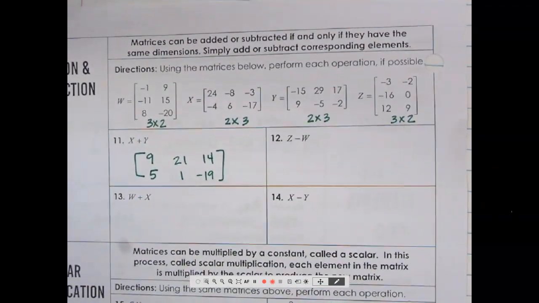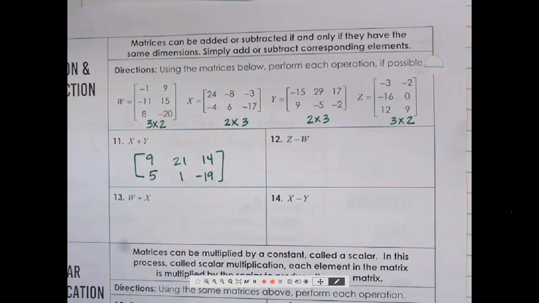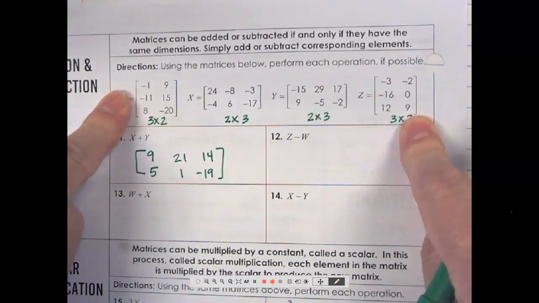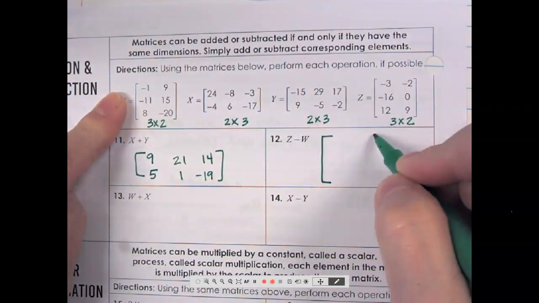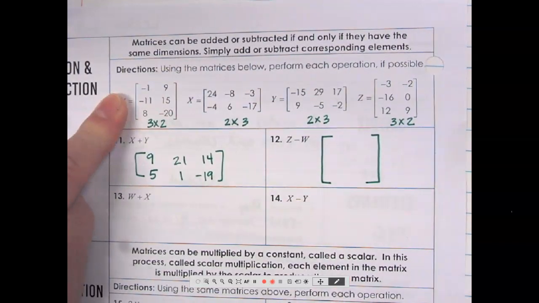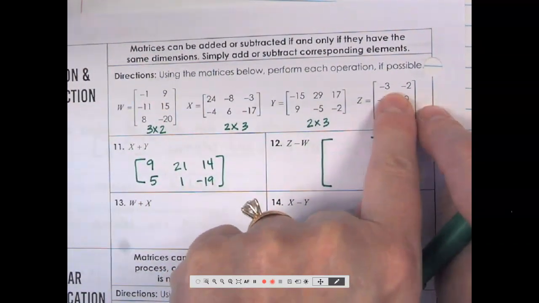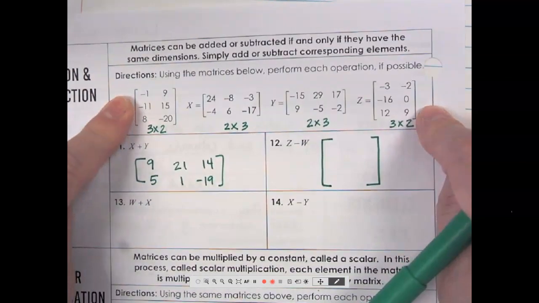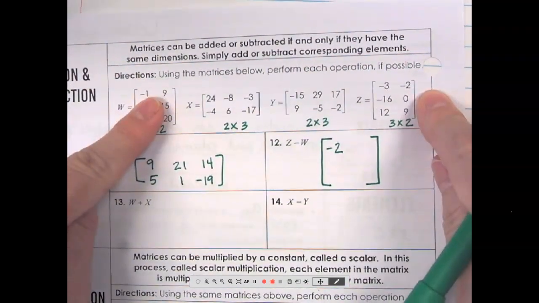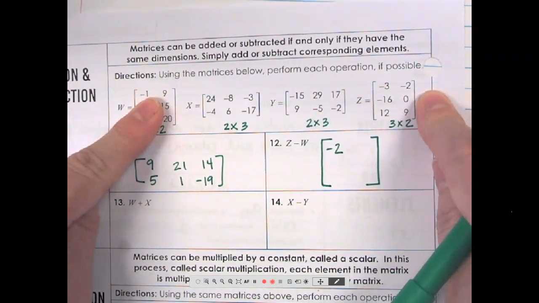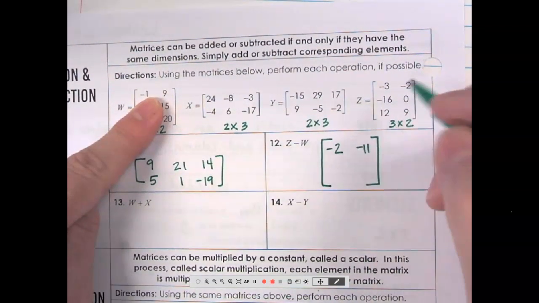All right, z minus w. You guys know that we make mistakes when we subtract, right? So z subtract w. Let's be careful. The answer will be a 3 by 2. Negative 3 minus negative 1. Use your calculator if you have to. Negative 2. Negative 2 minus 9 is negative 11.